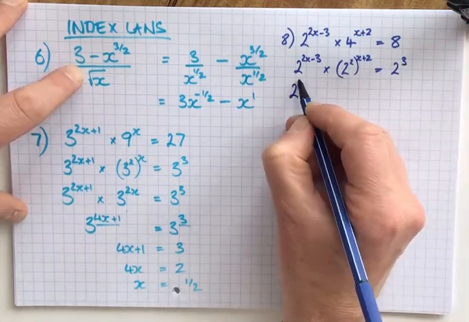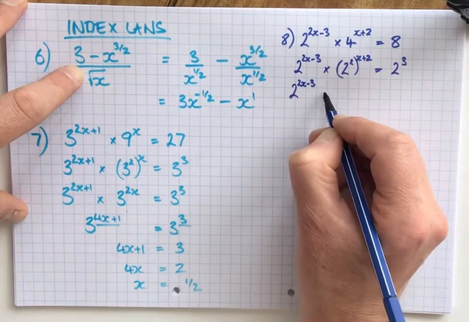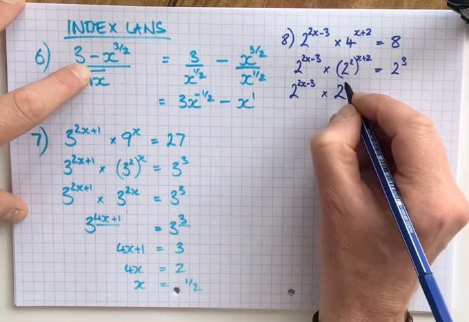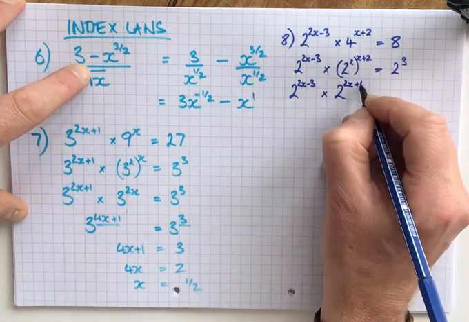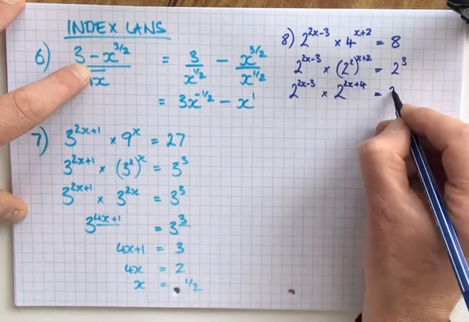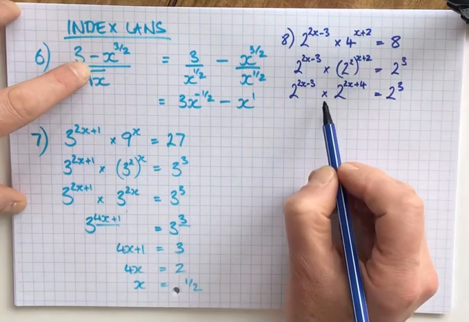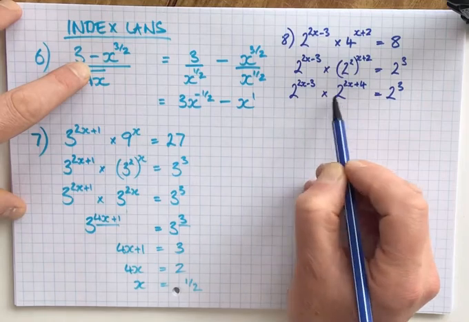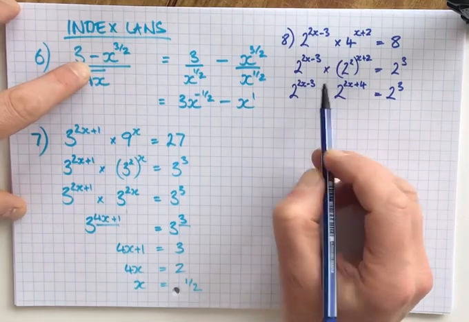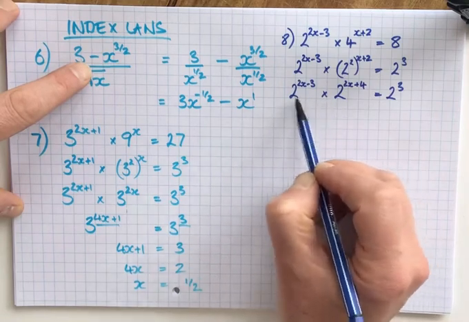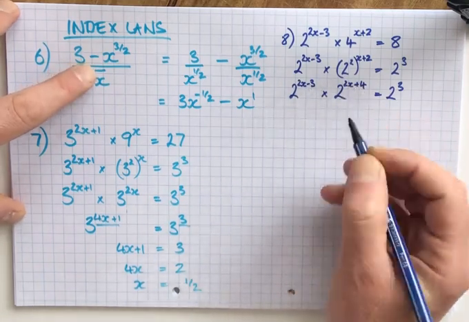So I've got 2 to the power 2x minus 3 times 2 to the power 2 times the whole of that is 2x plus 4, and that equals 2 to the power of 3. First rule of indices, got two numbers here, same base number, different powers, or even if it's the same power. If I'm multiplying the two numbers together, I can just add the indices.